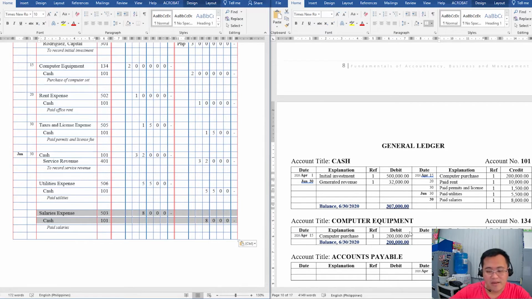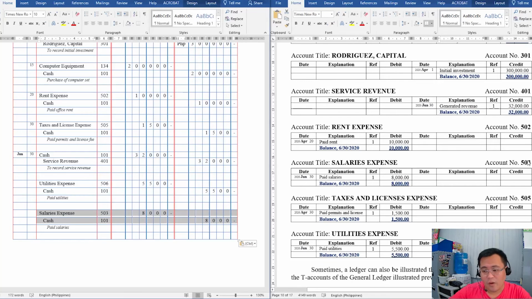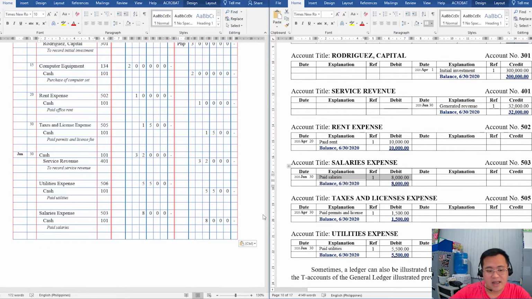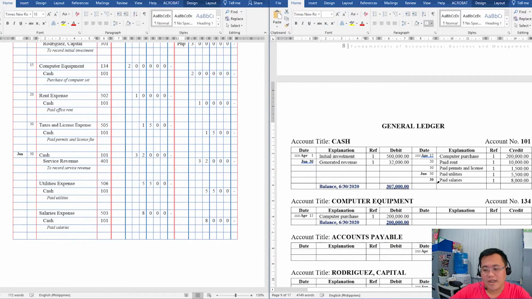So debit, salary expense, we post this to our salary expense ledger number 503. We have here 8,000 pesos on the left side and of course credit of 8,000 for our 101 ledger which represents the salary of the internet shop attendant.